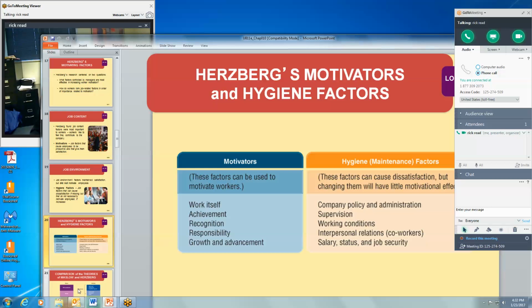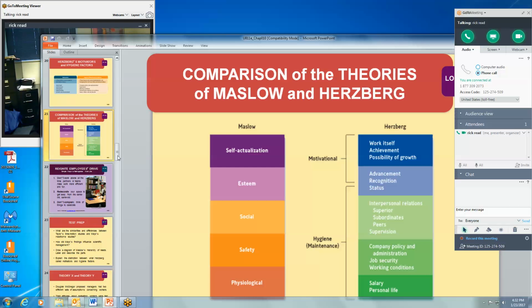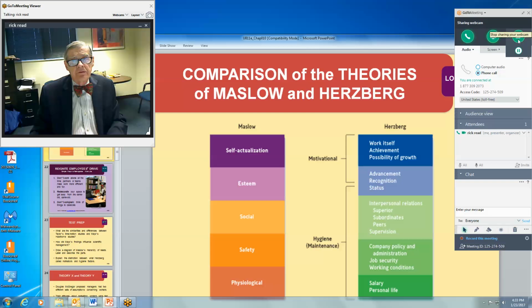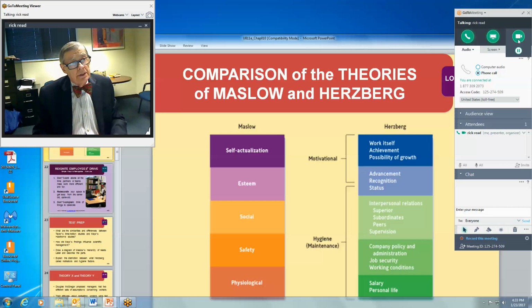Now, in this particular slide, we want to show how Maslow on the left compares to Herzberg on the right. Again, you can see this in your text, figure 10.3 at the top of page 276. I apologize.